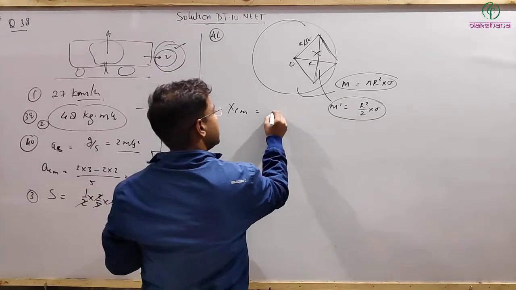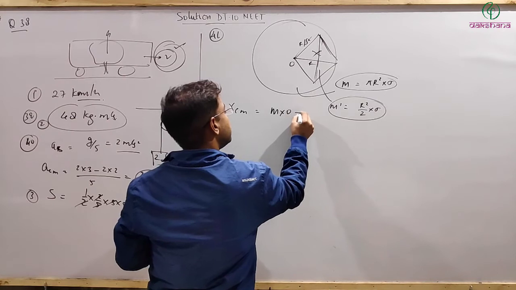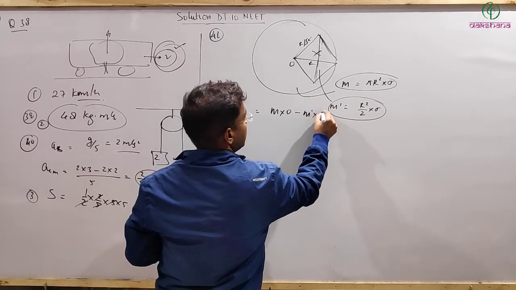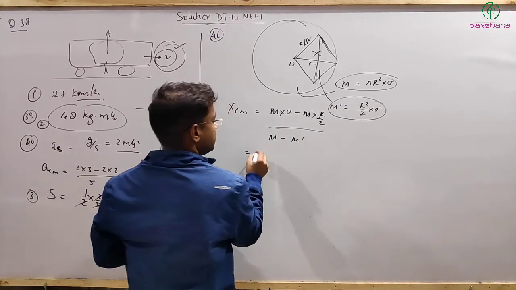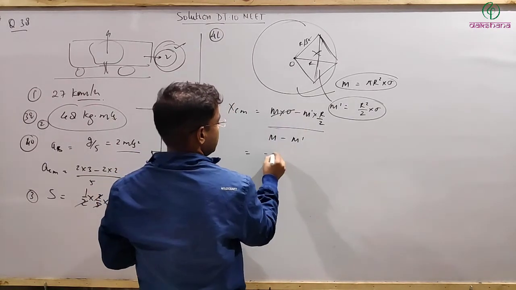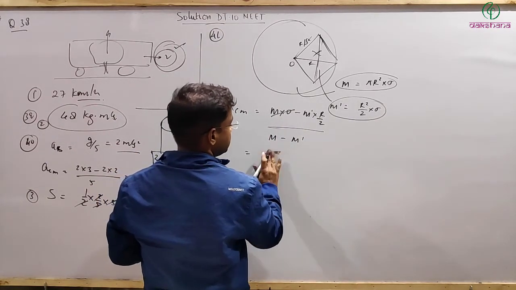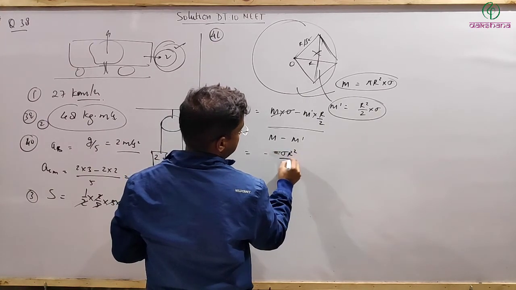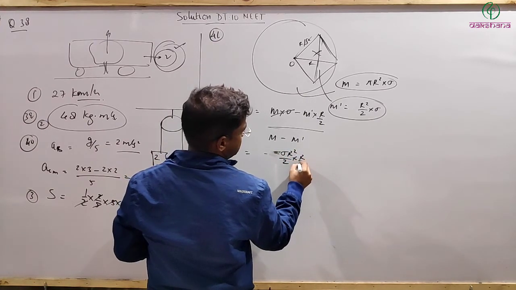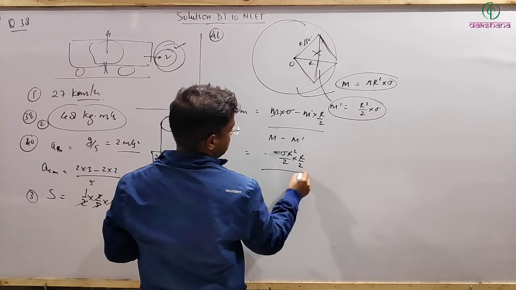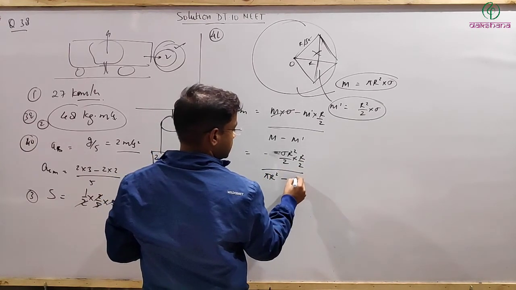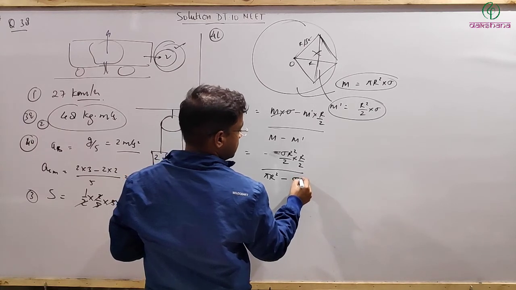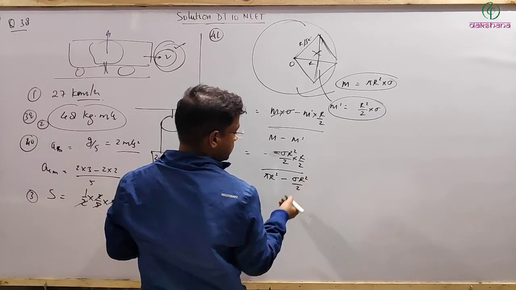Then XCM will be like m into 0 minus m prime into r by 2 divided by m minus m prime. Simplifying it, 0 minus m prime will be like sigma into r square by 2 multiplied by r by 2 divided by pi r square minus sigma into r square by 2.